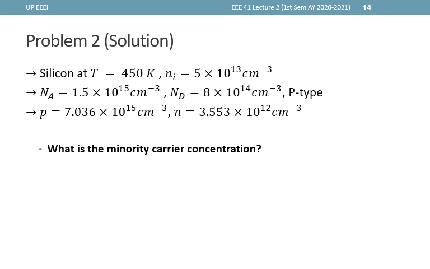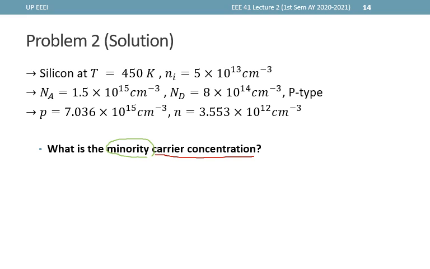For the last question for this problem, we are asked, what is the minority carrier concentration? So to be clear, N and P are what we call carrier concentrations: free electron carrier concentration and hole carrier concentration. But specifically, we are asked, what is the minority carrier concentration? So for a semiconductor material, the minority carrier concentration is just the carrier concentration that is smaller.